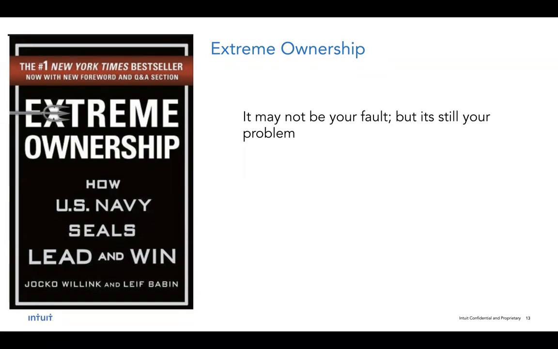And one of the catchy lines from that book, from which my team and I draw inspiration, is: it may not be your fault, but it's still your problem. Having a defective customer experience may not be the fault of an engineer who designed it, because the engineer did not take part in the decision making, but it's still hurting the engineer because it impacts the business. And that is the theme behind extreme ownership.